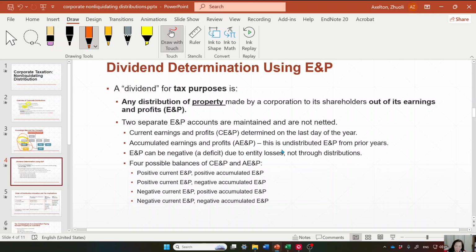So in that sense, you will see earnings and profits is very similar to the concept of retained earnings. The only difference is that for earnings and profits purposes, they're functioning under a different set of rules, but there are still a lot of similarities, and there's just a couple of adjustments you have to do to convert taxable income to earnings and profits.